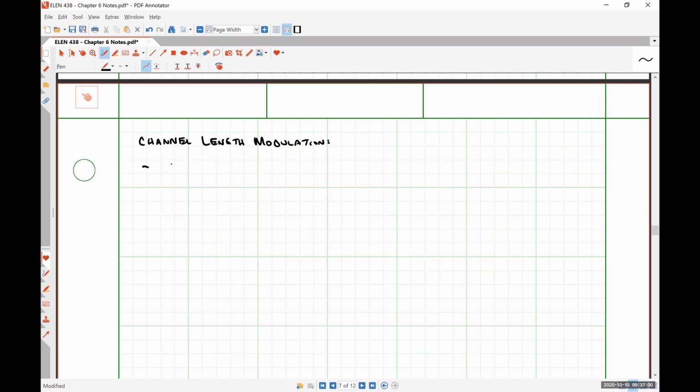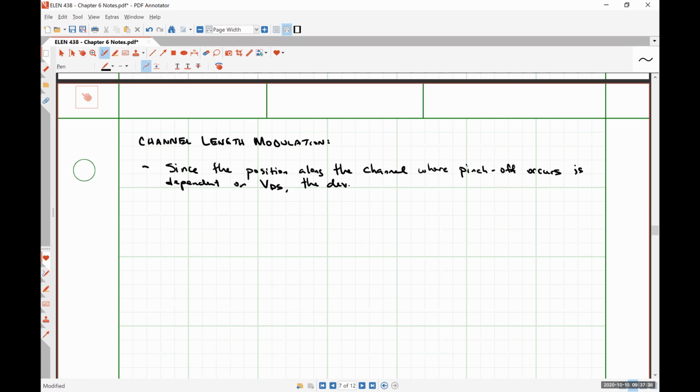All right, so since the position along the channel where pinch off occurs is dependent on VDS, the device current is not actually constant in the saturation region.